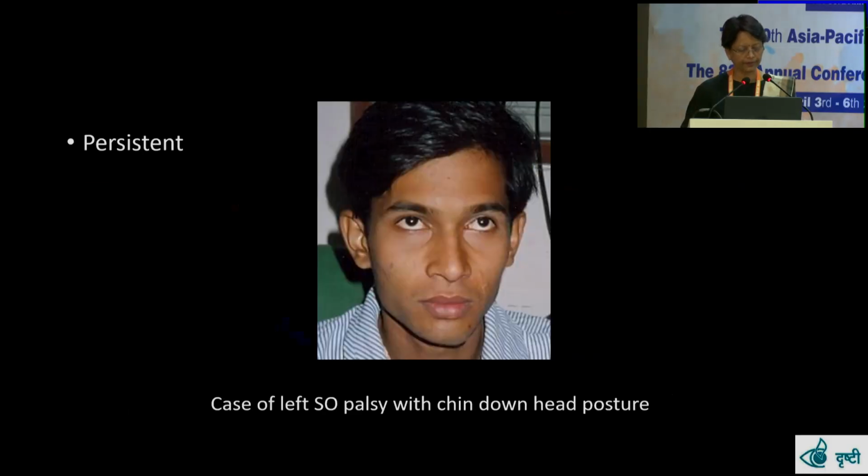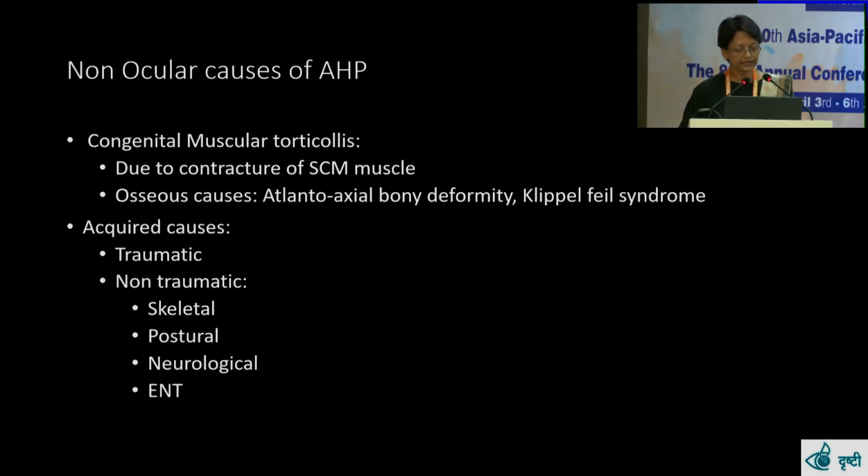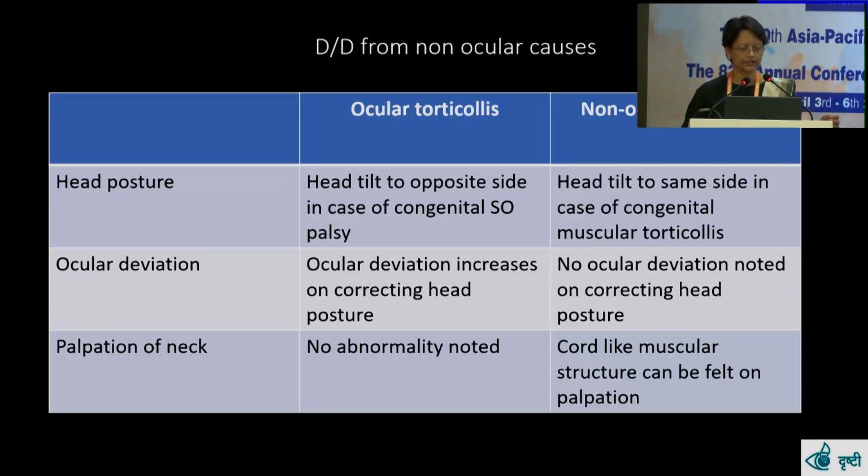Then it could be persistent, as in this case of superior oblique palsy, where he has a chin down head posture. There are certain non-ocular causes, which would be because of congenital contracture of the sternocleidomastoid, or acquired causes, as in non-traumatic and traumatic, so many causes.